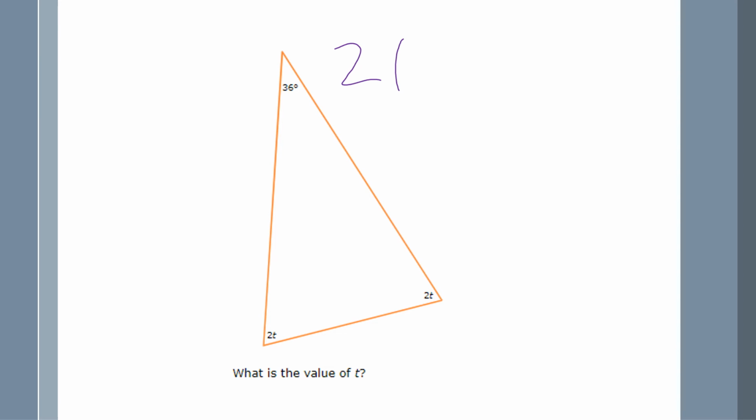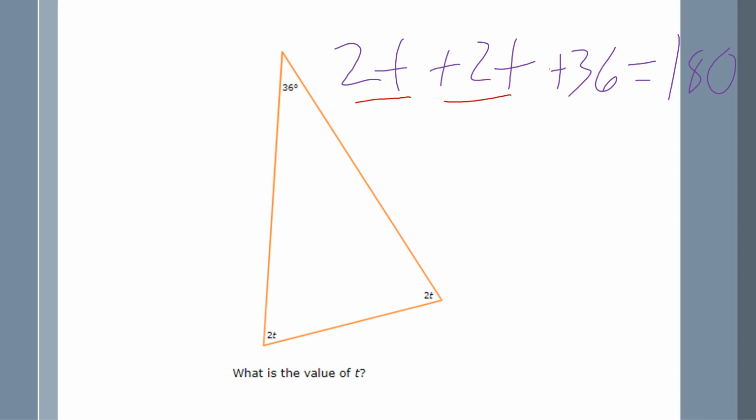You've got 2t plus 2t plus 36 equals, again, 180 degrees always. Now, you have to combine your like terms, 2t and 2t, which is 4t plus 36 equals 180.